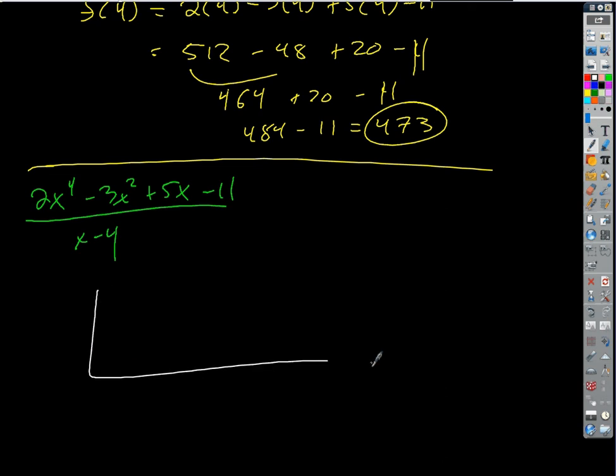What goes where? Coefficients. So the coefficients would be 2, 0. Good. And what number goes out front? 4, right?